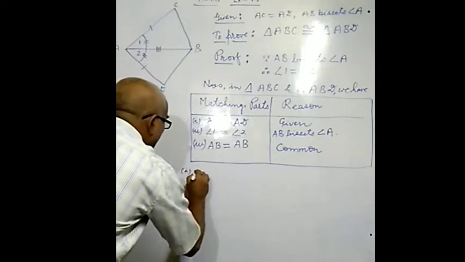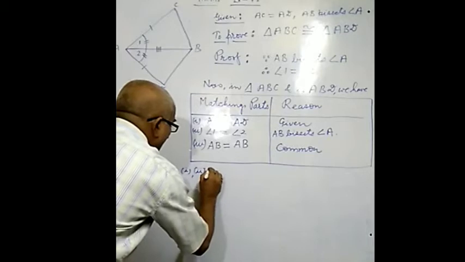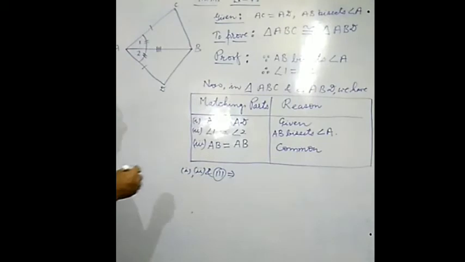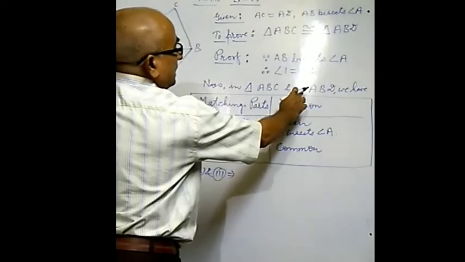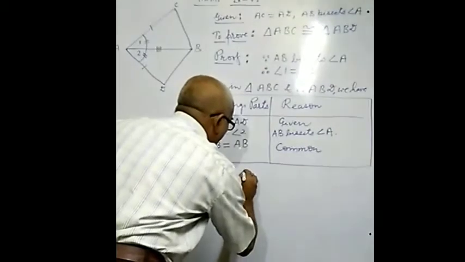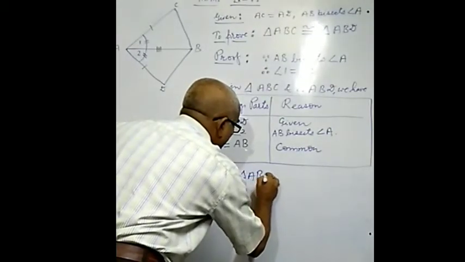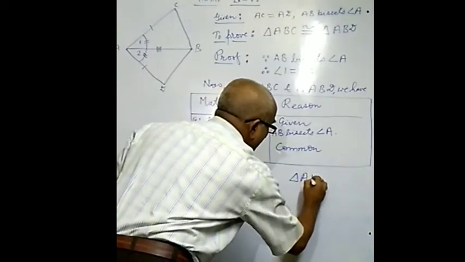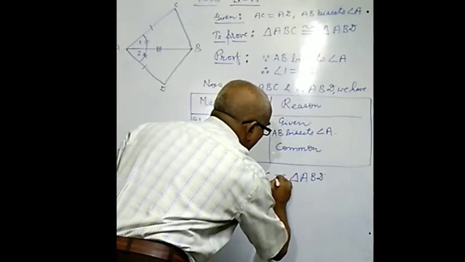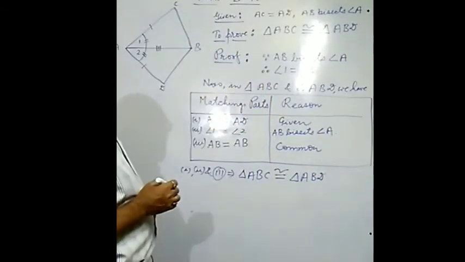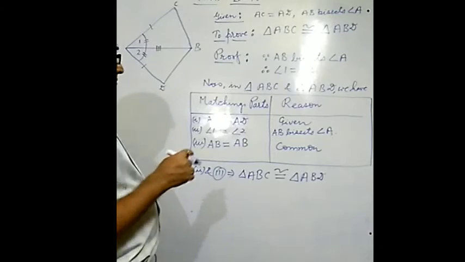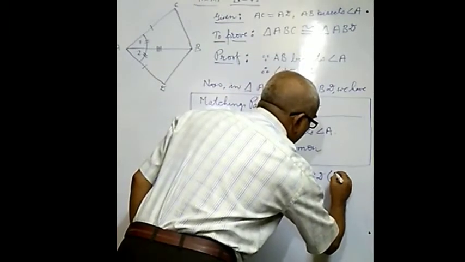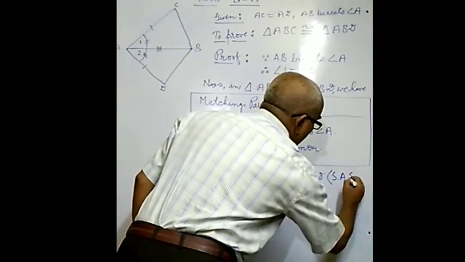First, second and third imply both the triangles, triangle ABC and triangle ABD, are congruent by which rule? It is side, then angle, then side. This one is the side, angle, side rule.